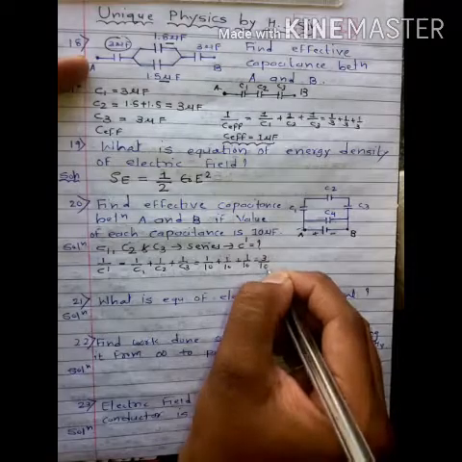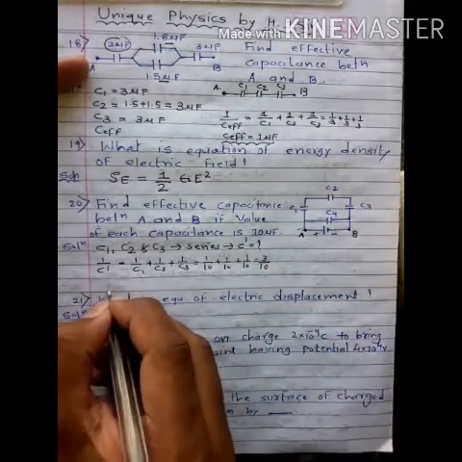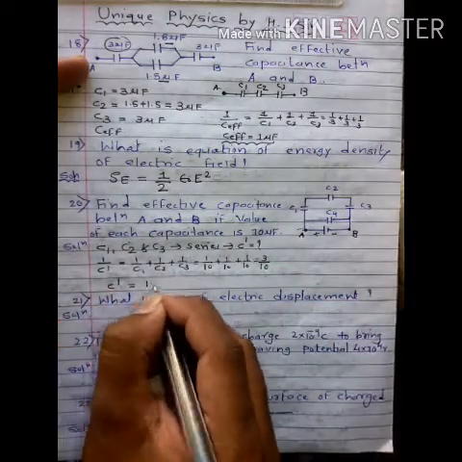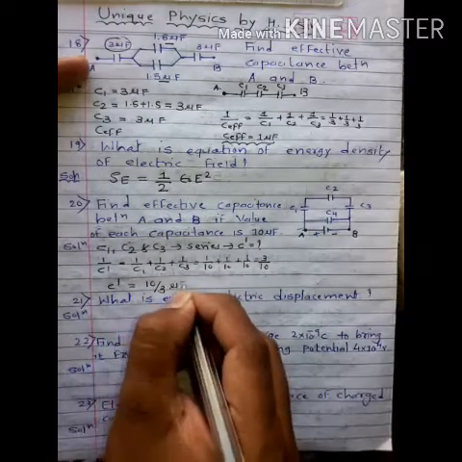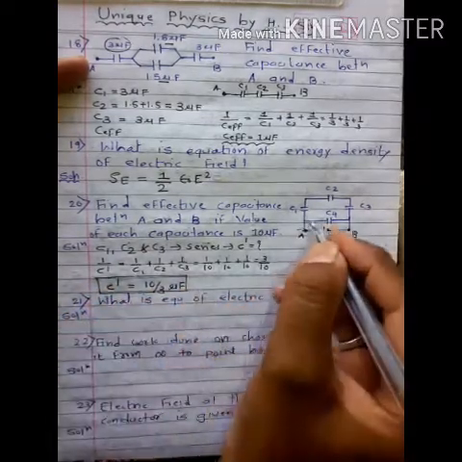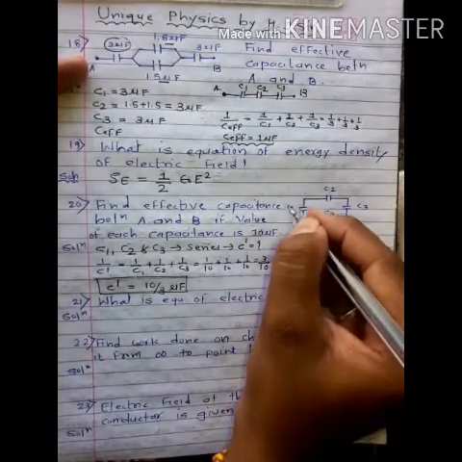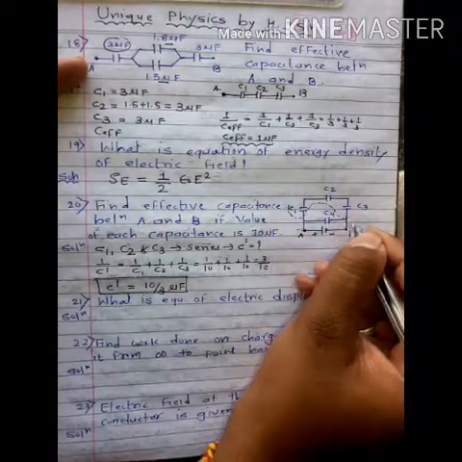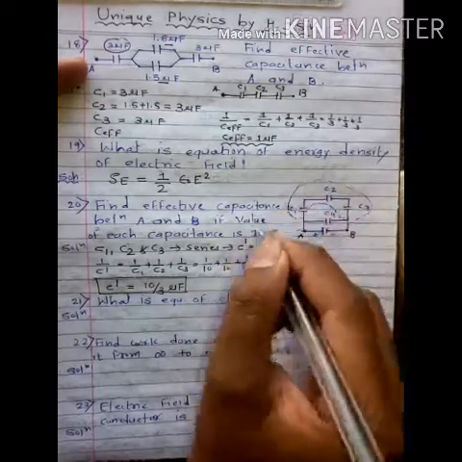This becomes 3 upon 10. This is the value of 1 upon C dash. Therefore C dash is equal to 10 by 3 microfarad. So 10 by 3 microfarad is the effective capacitance of C1, C2 and C3.